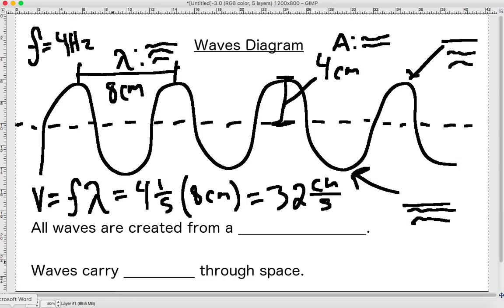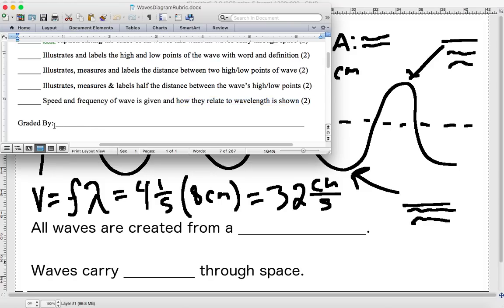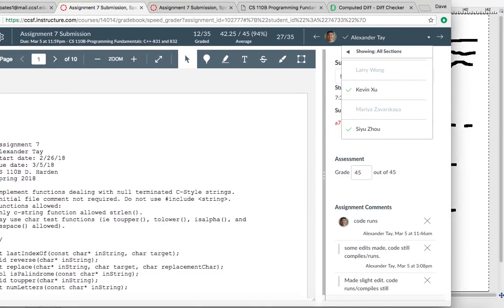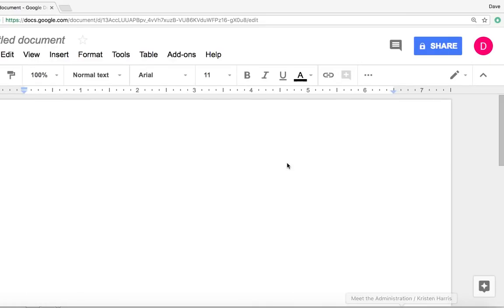Okay, so the last thing that you want to do is make sure that somebody else takes a look at this before I do. Now if you do this on Google Docs, which you can, oh, you don't want to see that. I had a page up here for you.